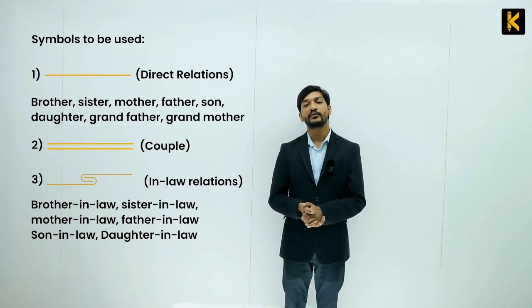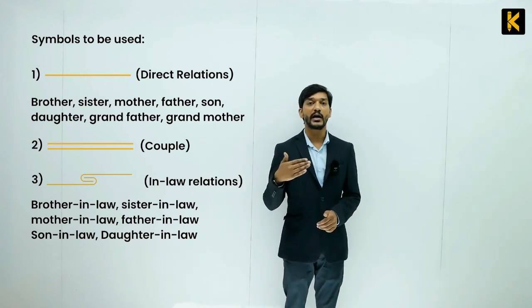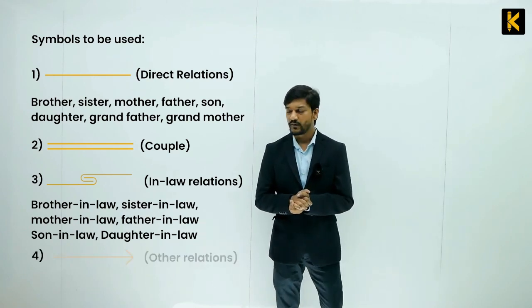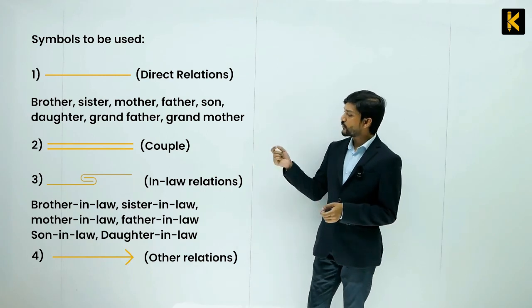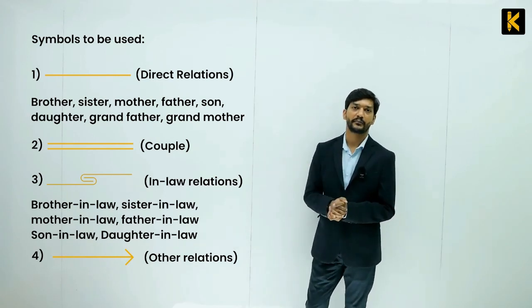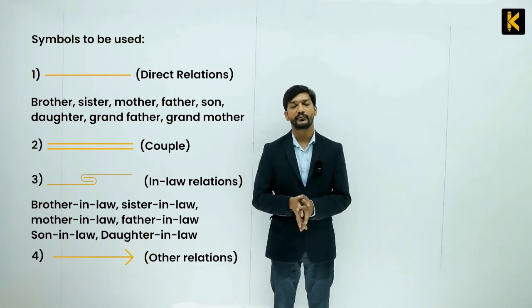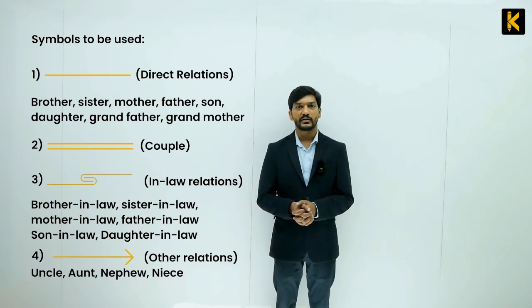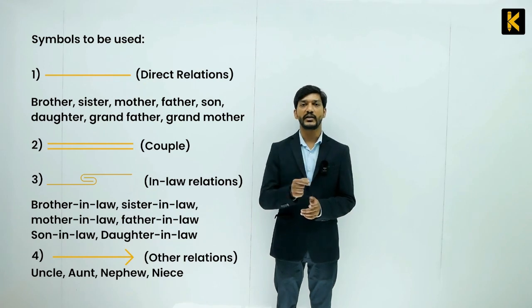Other relations, whichever are left out of these relations, will be represented by a fourth symbol, which is an arrow symbol. Okay. So, the fourth symbol is arrow symbol. So, what relation will I represent using arrow? I will represent uncle, aunt, nephew, niece. All those relations I will represent using arrow sign.